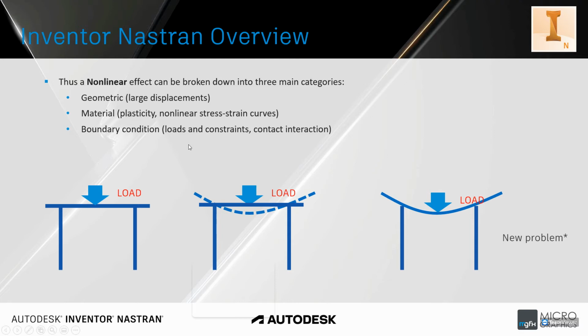And lastly, boundary conditions, basically where the parts make contact with each other and they affect the entire problem by either breaking or coming apart and affecting the other members not as expected.